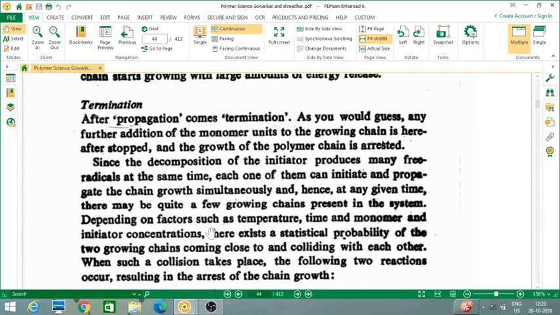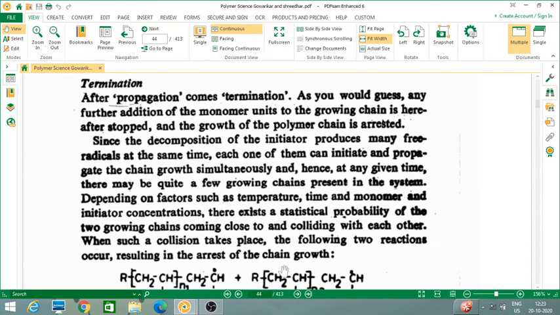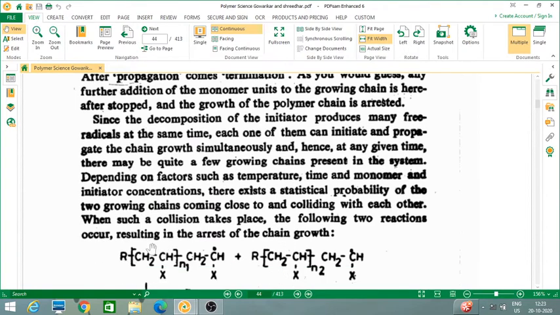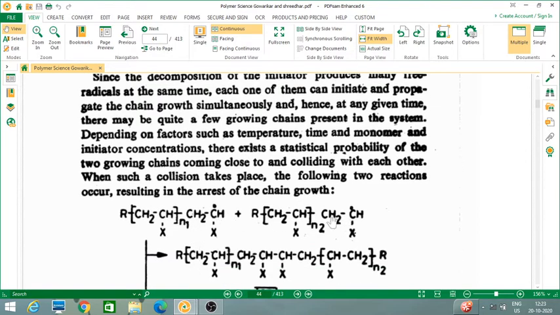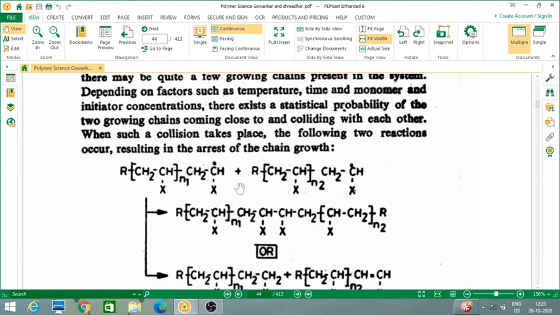Depending on factors such as temperature, time, and monomer and initiator concentration, there exists a statistical probability of two growing chains coming close to and colliding with each other. When such a collision takes place, the following two reactions may occur, resulting in the arrest of the chain growth. So, two growing chains come in contact, then tail to tail addition, and the radical site is stabilized by the joining of the two growing chains.